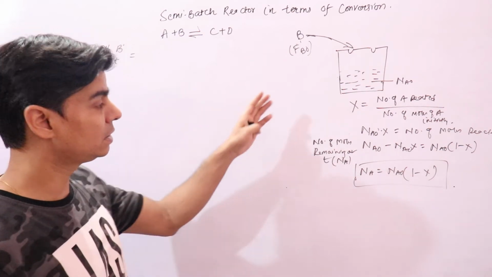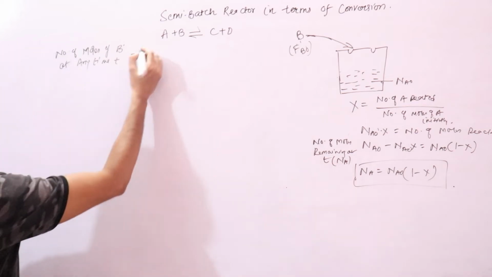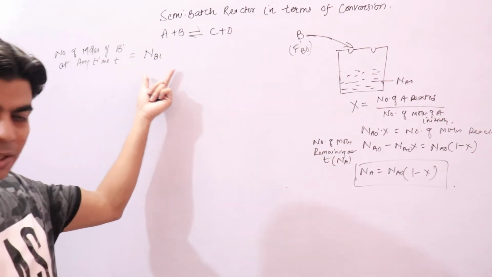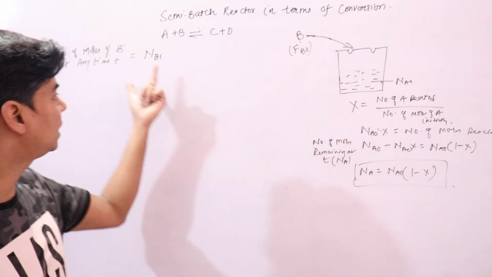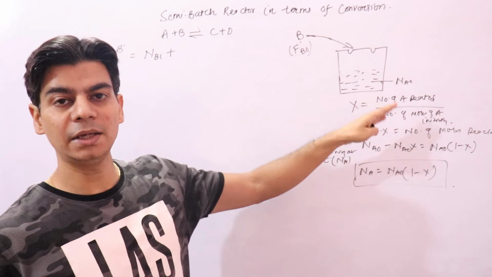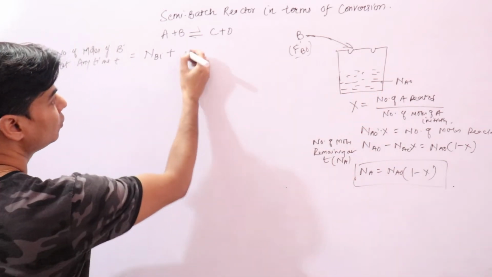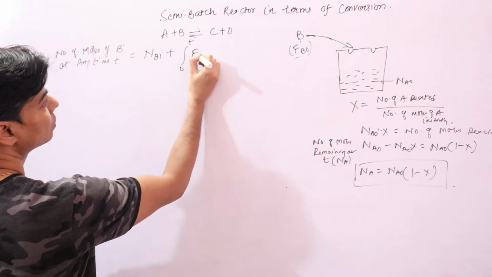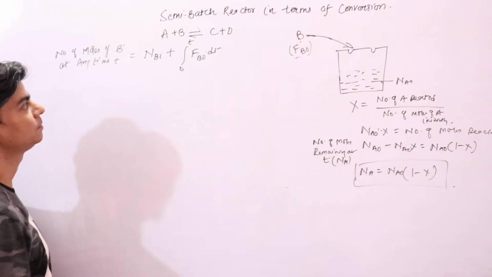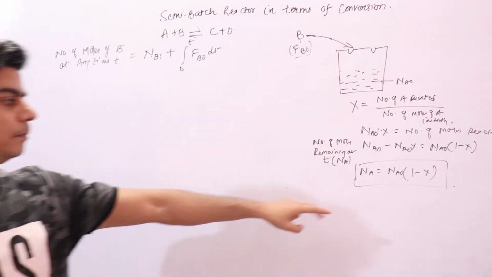This molar flow rate is the number of moles flowing into the reactor, right? Now suppose initially you have taken NBI, number of moles of B in the reactor initially, plus the number of moles that you are adding into the reactor, right? It would be given by molar flow rate. At any time t, it would be given by the integration from 0 to t of FB0 dt, right?